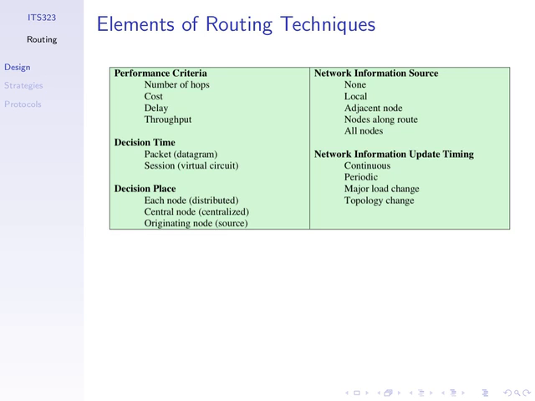Make sure your data never goes through country X because you don't trust them. Then that could be used as a routing metric. You need to choose a route that takes your data from source to destination, but doesn't go through the nodes in that country. So it can be more complex than even these criteria.